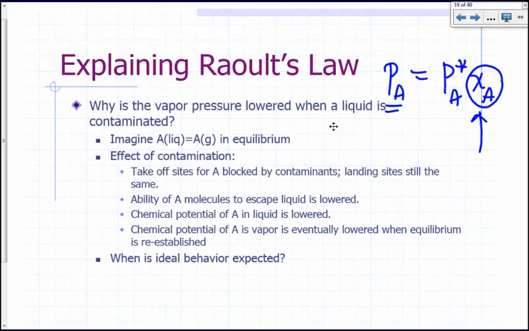Well, at the molecular level, how can we explain that? Because then that will allow us to explain deviations from ideal behavior. So let's look at the ideal case here and see what the molecular level explanation is.